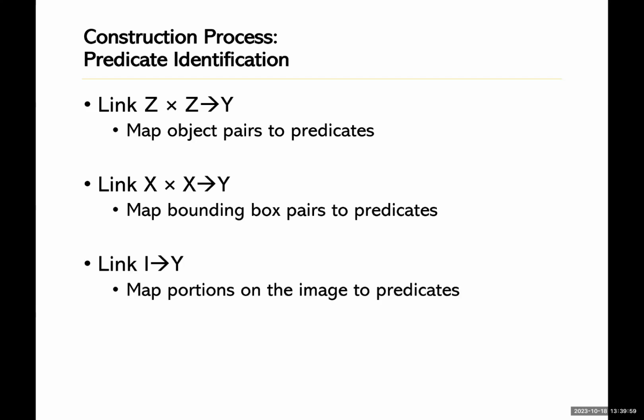Then even going one step further, you may also be interested in actually mapping the portion of the image to a predicate. So you could think of a person drinking a can of soda. That configuration of what the person is doing with that can, that predicate would be something that could possibly affect as well.